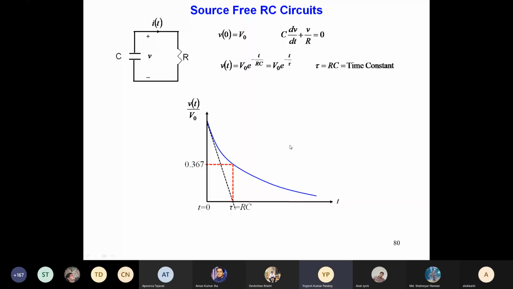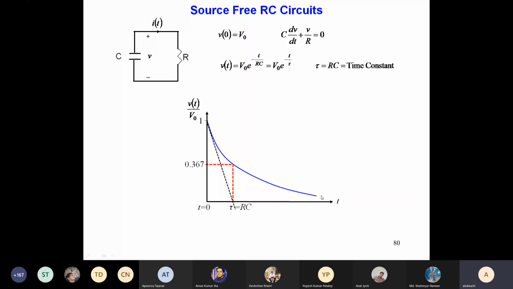Sir, what is the physical significance of the time constant? I have been telling repeatedly, physical significance means that at t equal to 0, if it is decreasing at a certain rate and I follow that same rate, at what time will it become 0? Since this is exponentially reducing, at every point there are different rates.